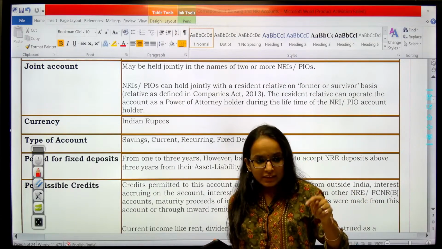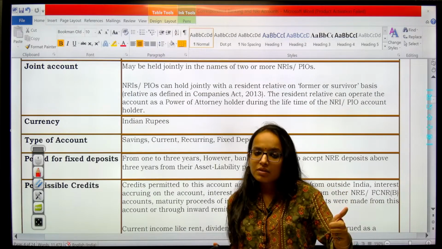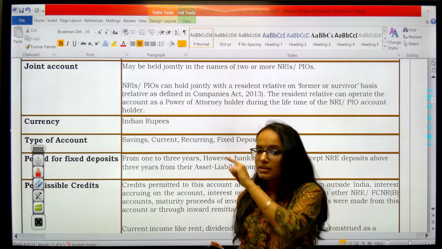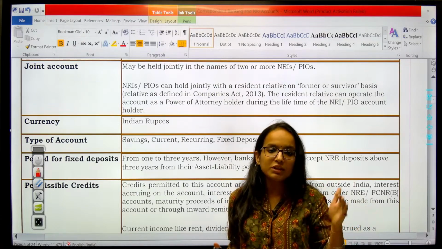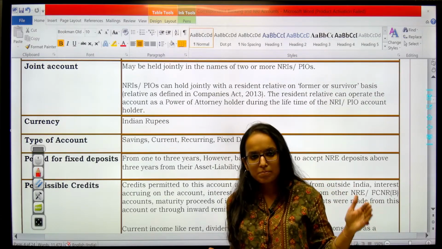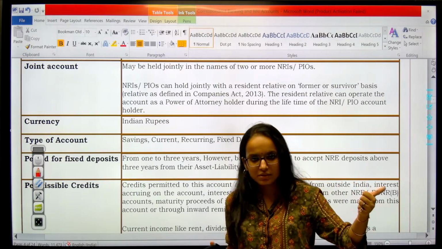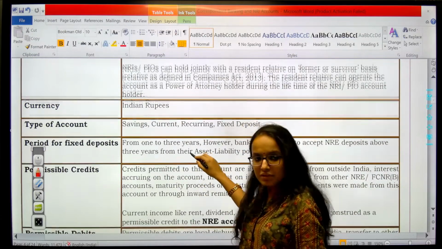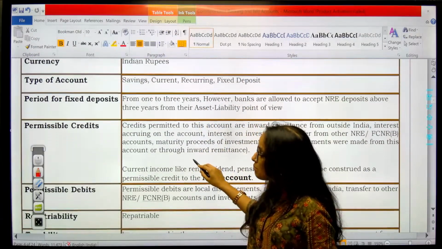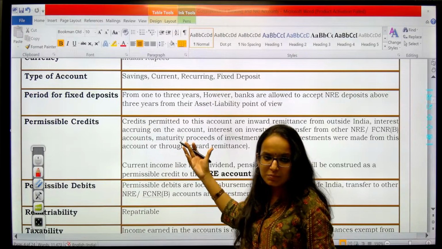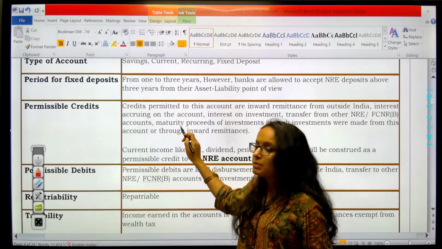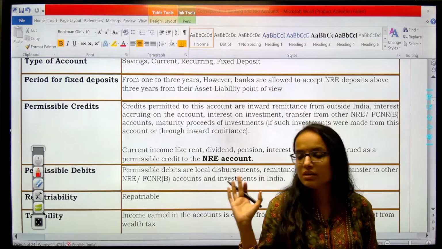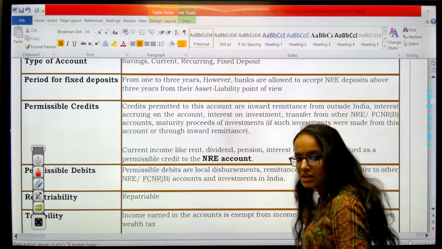But when the NRI or the PIO is alive, the relative can operate it as a power of attorney only on behalf of that person. Clear? Then we have seen currency will be Indian rupee. Then we have seen type of account: saving, current, recurring, fixed deposit. Any of them can be there. Okay. Then we have seen the period of fixed deposits, 1 to 3 years generally.